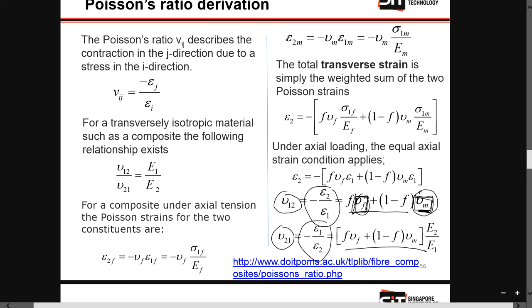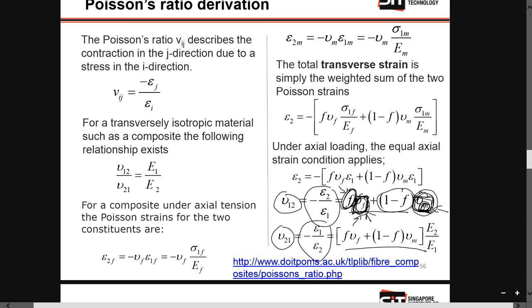So there will be a certain ratio given to you for your matrix and your fiber, and these are the volume fraction, F, the volume of your fiber, and the volume of the matrix, 1 minus F. So I repeat again, these are your Poisson ratios of the matrix and fibers in terms of F or in terms of M.